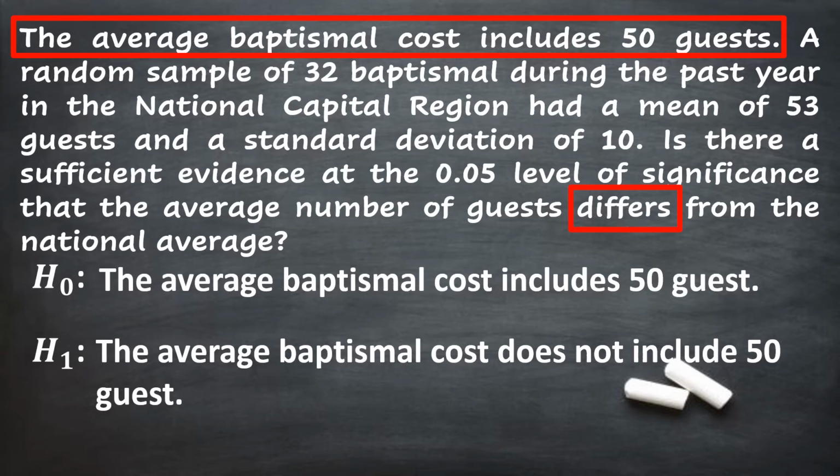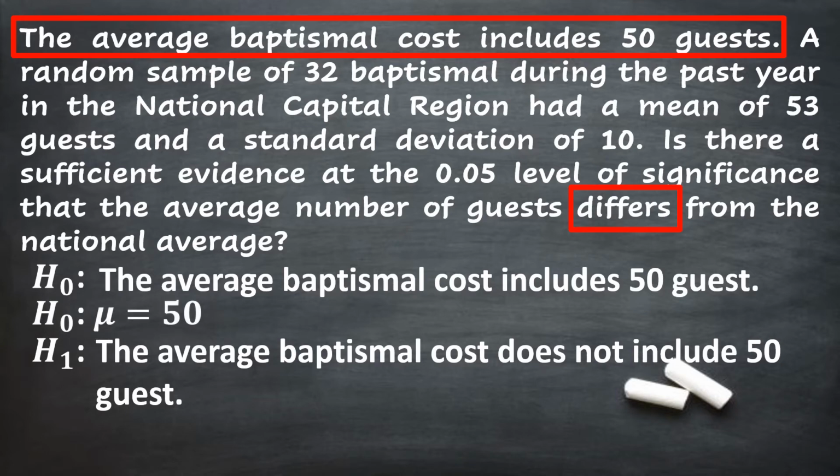And then, you include the population mean for this given problem. Or, for your null hypothesis in statement form or in sentence case, you just get the number in that sentence. So, in this sentence, we have 50 as the numerical value. So, our mathematical statement for null hypothesis is population mean is equal to 50.